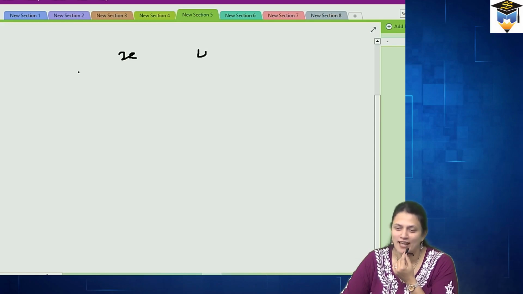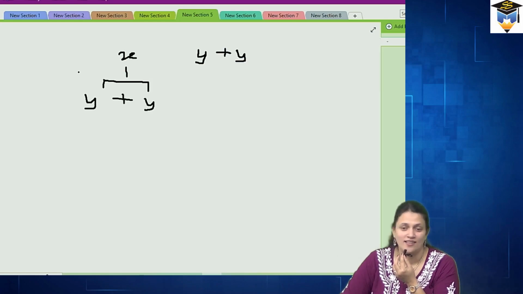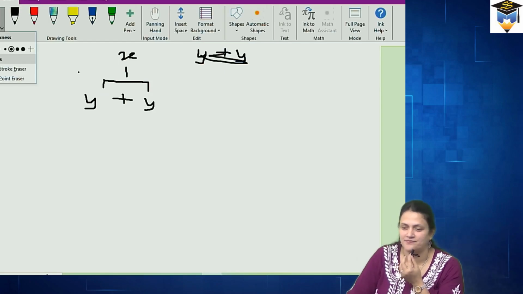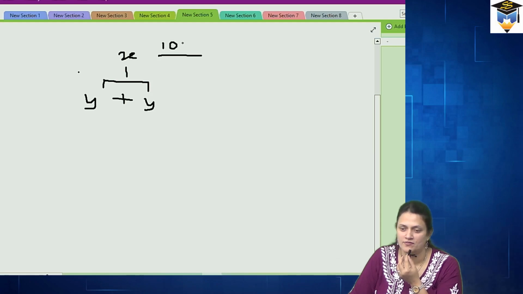So let us say one of his sons is Y. So both sons are Y. Okay, so Y plus Y. This is Y, this is Y. But his age will become, after 10 years, his age is going to increase by 10. So y plus 10 and y plus 10 it will be.